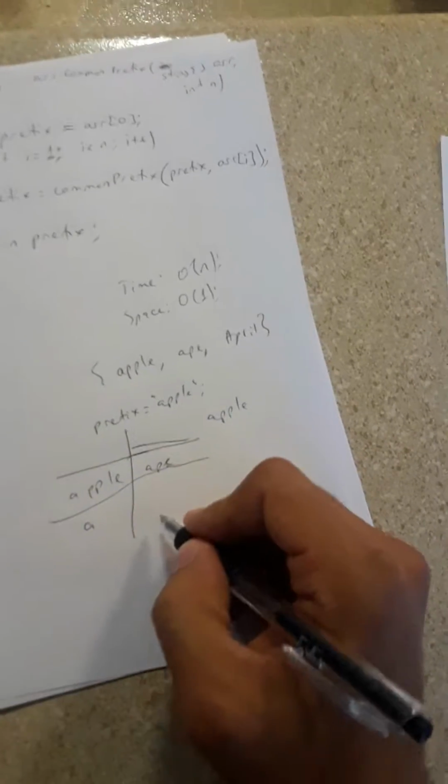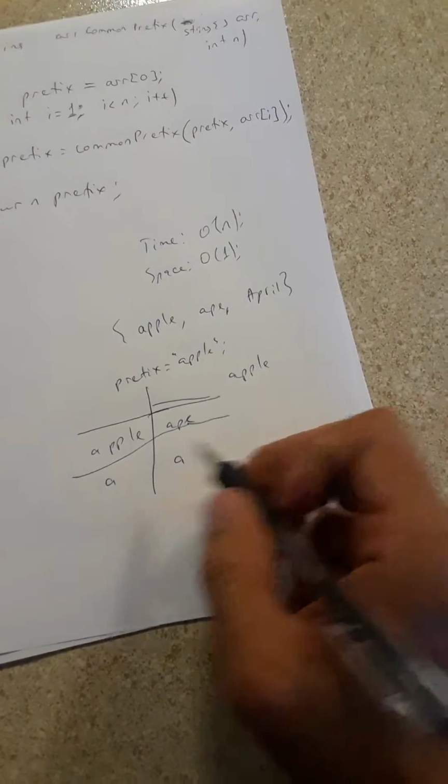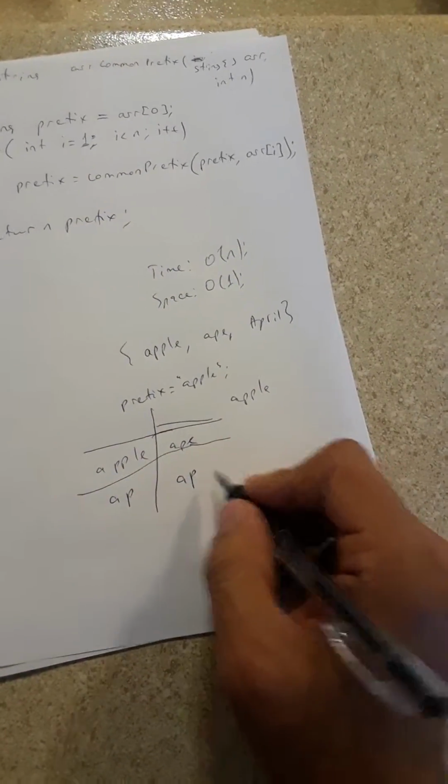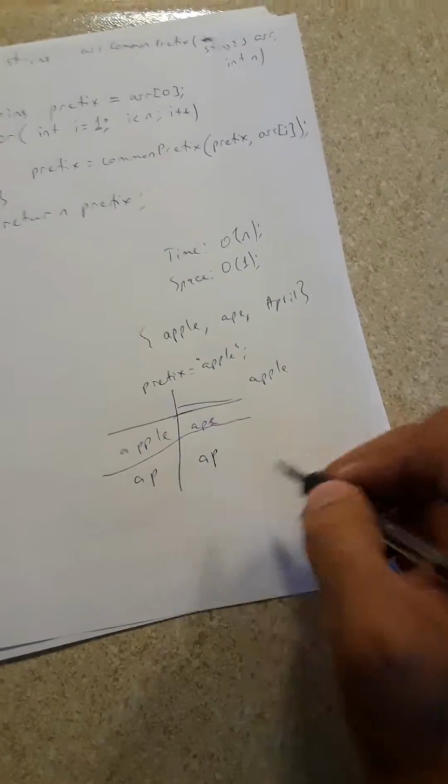A is a common character, then we see that P is a common character, and then the third character is not common.